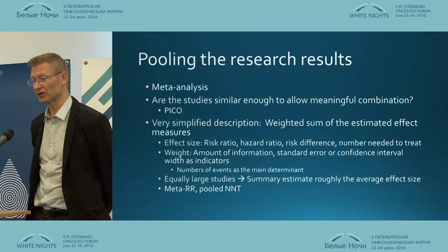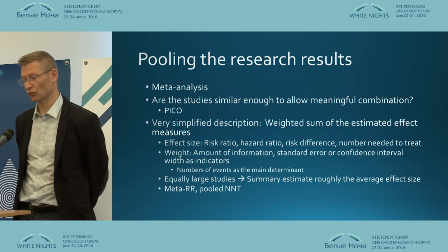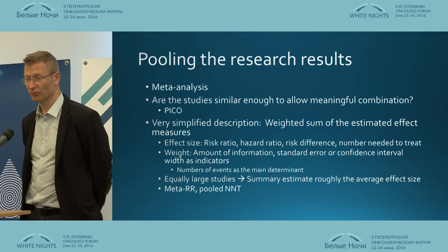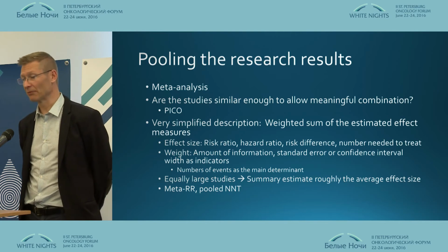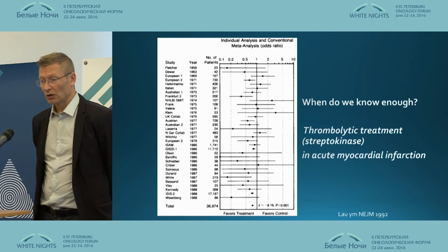If there are major differences in any of the main components, then pooling them might not make any sense. The numerical results would not be interpretable. And basically, a meta-analysis just gives you a weighted sum of the estimated effect measures.